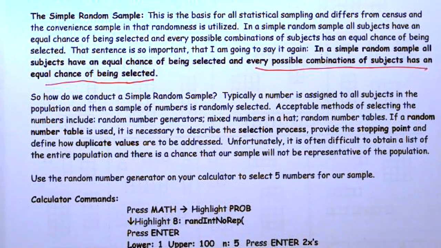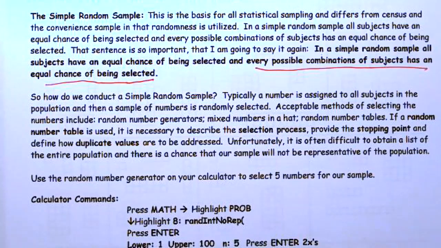Essentially, a simple random sample is that I put everybody's name, or in this case, all these numbers, into a hat and drew them without replacement. Consequently, each one would have an equal chance of being selected, and beyond that, each group of subjects has an equal chance of being selected.